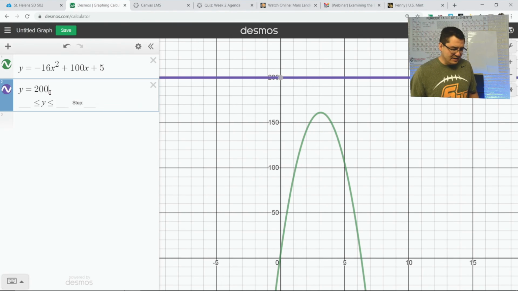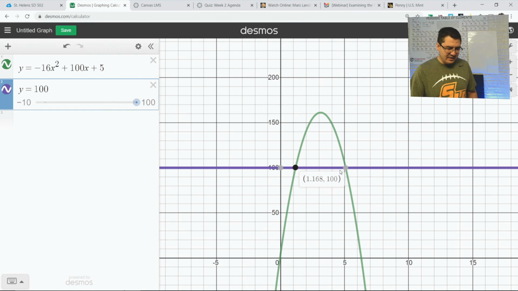If I had changed this and said, where does it equal maybe 100? Well, then you can see it crosses 100 at 2 points. Like if this is time, maybe at 1.1 seconds, and at 5.1 seconds, it kind of goes up, comes back down, crosses through that elevation. But when I'm up at 200, those of you in math class, it has imaginary roots.